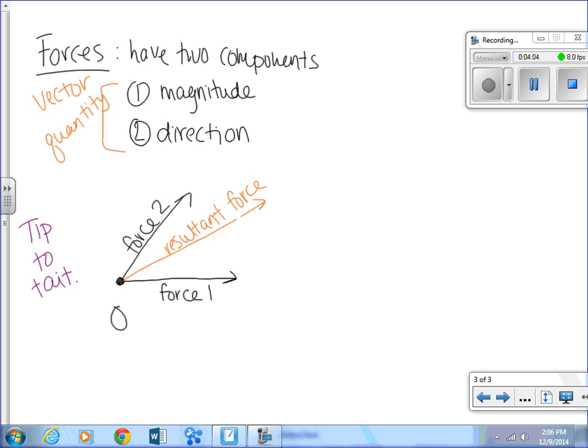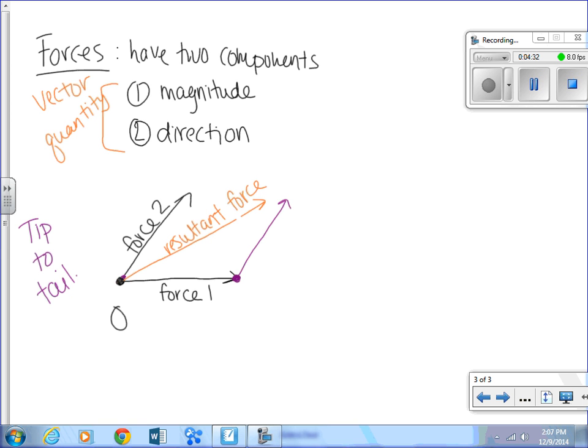So we take the tip of force 1, where the arrow is, and I'm going to take the tail, or the back end, of force 2, and put it there.